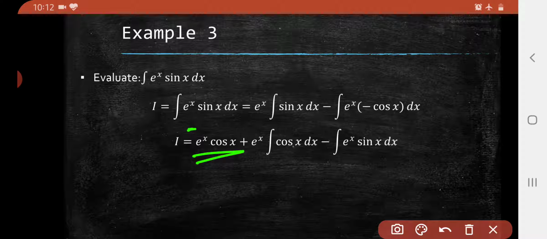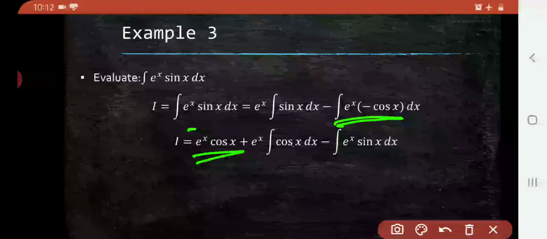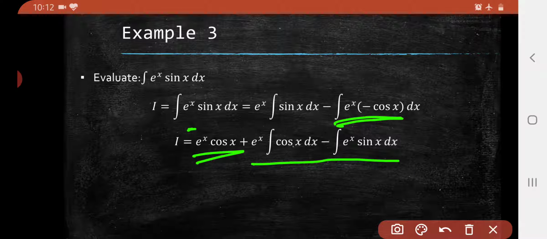And then here what we have, e to the power x into integration cos x and minus integration e to the power x sin x. So this is another by parts, which when we break we get this.